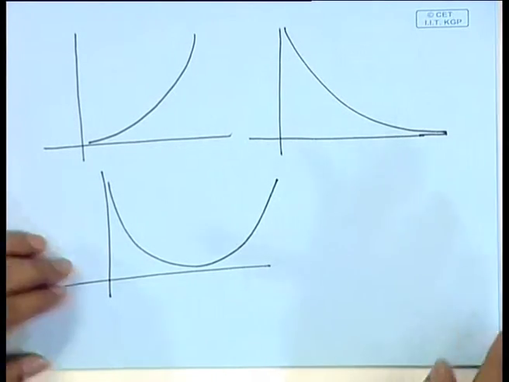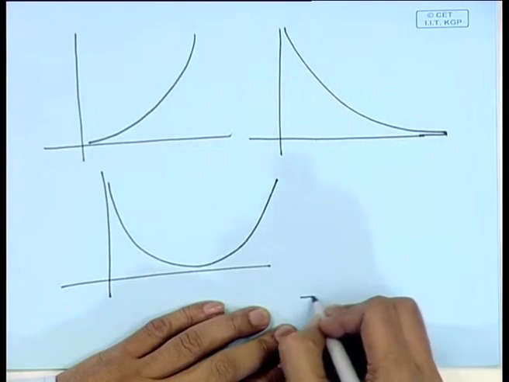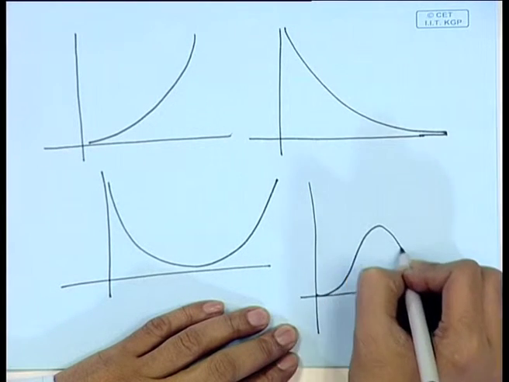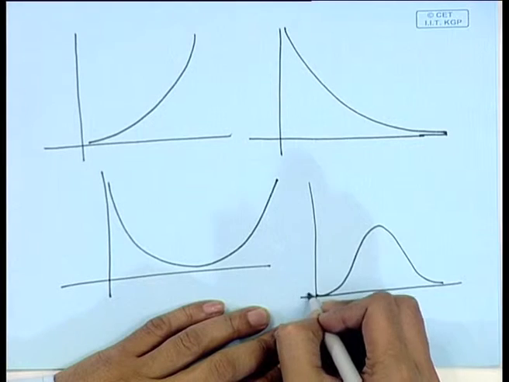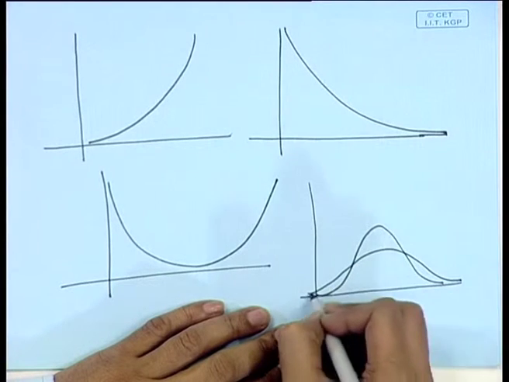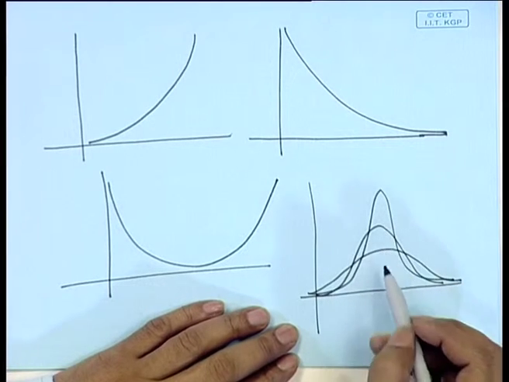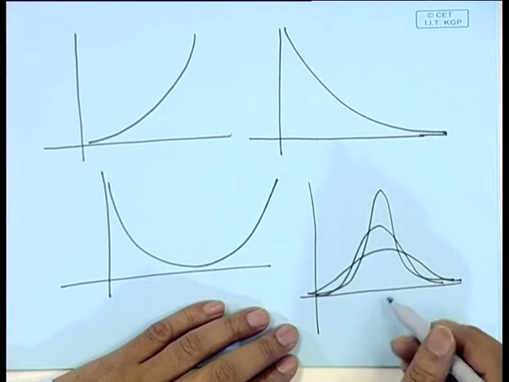So, you may also classify according to another characteristic. You may have a distribution of this nature, you may have a curve of this nature, you may have a curve of this nature. So, this tells about the concentration of the values.